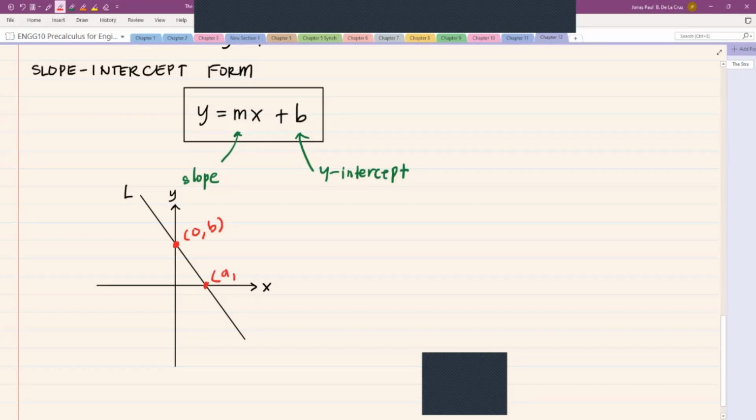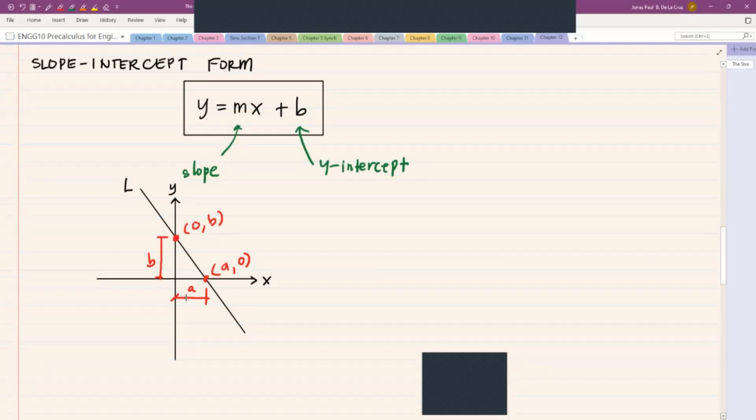Tapos 0 naman yung y-coordinate dito. Okay, b is actually the distance between the point and the origin. Tapos ito naman is the distance between the y-axis and that point, yan naman yung a. Okay? So dito sa slope-intercept form, ang kailangan natin is the y-intercept, that's b.